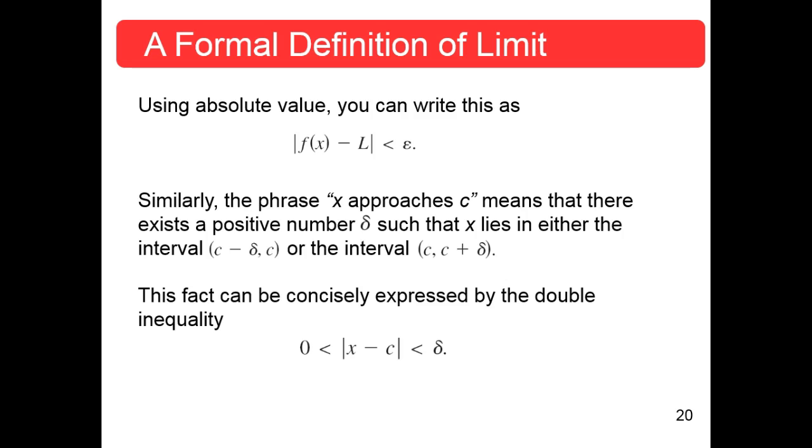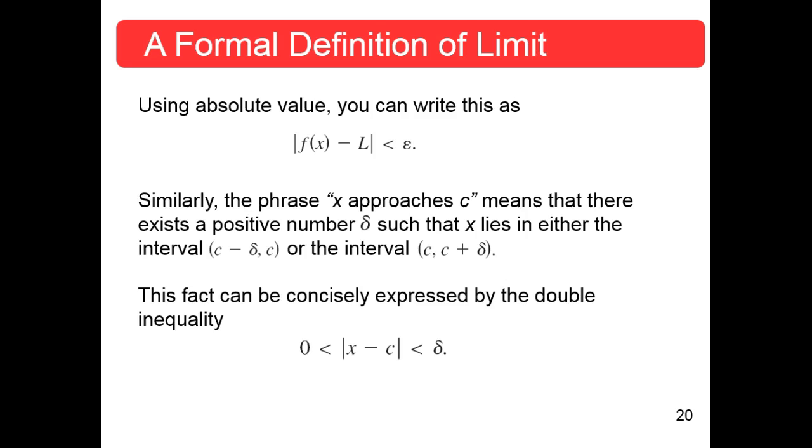So similarly, the phrase is x approaches c, it's got to be between c minus delta. Again, there exists some small positive number delta, such that x lies on either side of c: c minus delta to c, or c to c plus delta. Remember, especially in indeterminate form, x can't equal c, because you're dividing by 0 again.